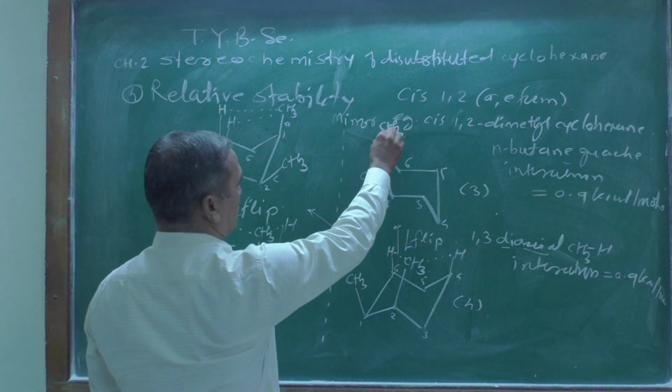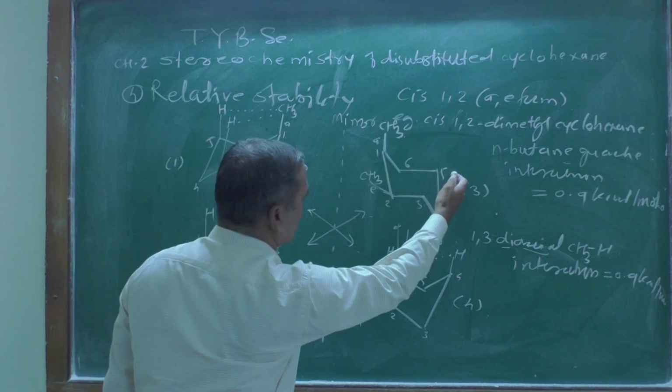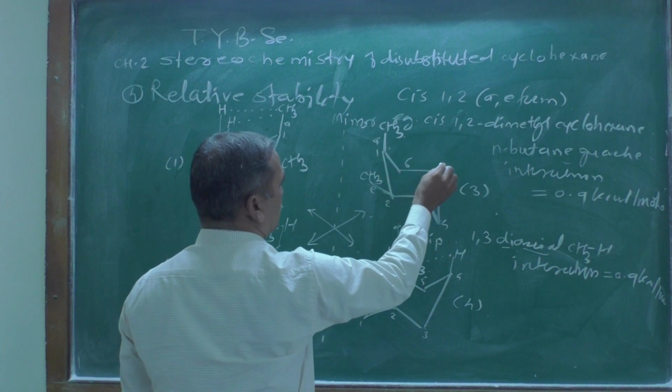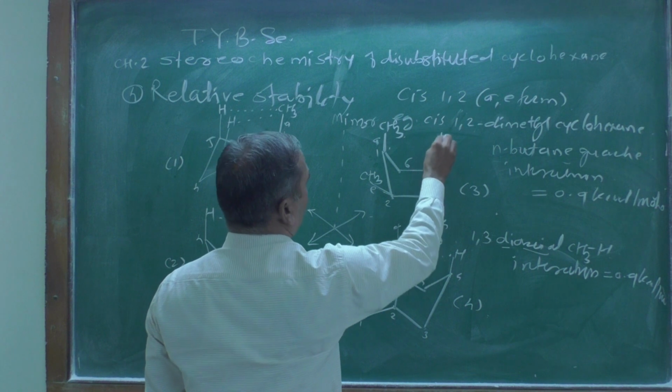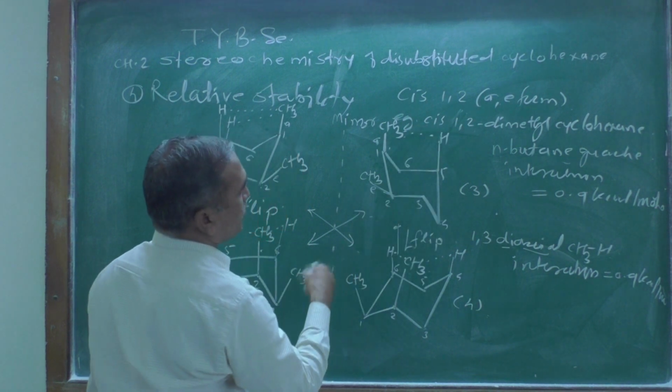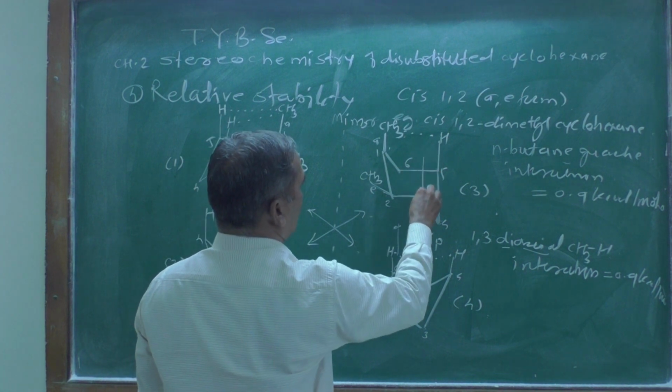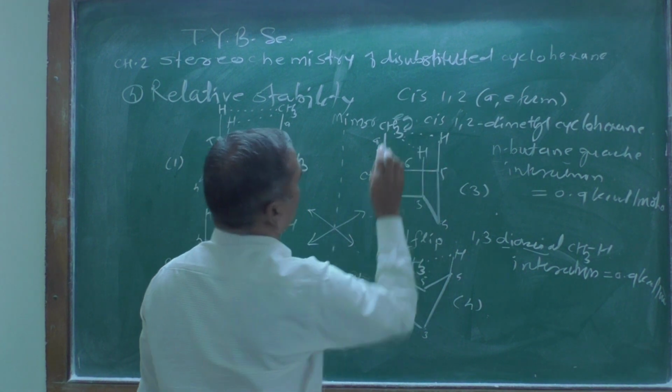Now here this is at axial position, count this side and count this side, 1 2 3. So here is one of the hydrogen atoms, they produce the 1,3 diaxial interaction, 1 2 3, they can produce one hydrogen atom over here.